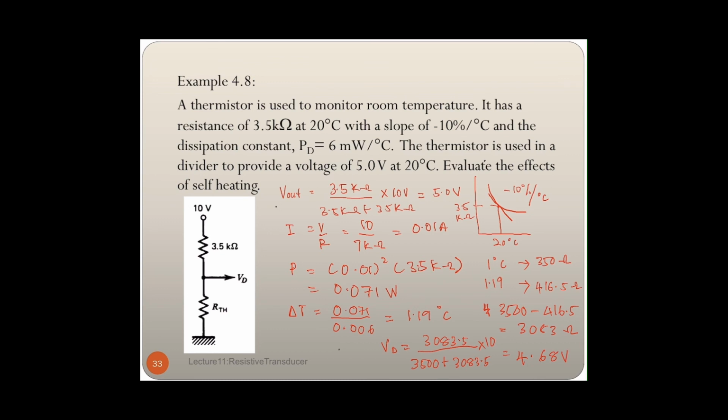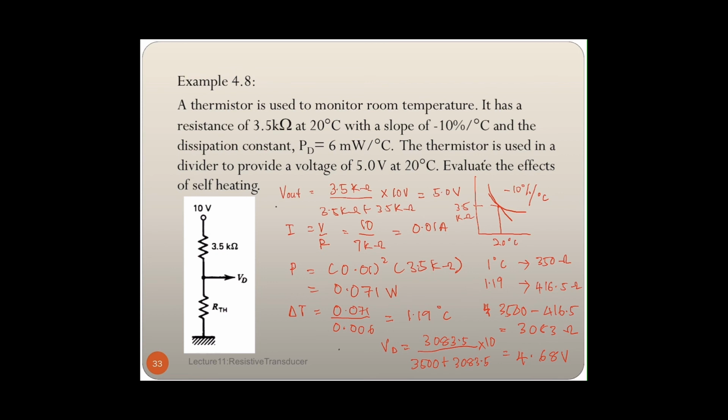Okay, theoretically, we consider at 20 degrees Celsius, without considering self-heating, it will give us 5 volt. But when we consider the self-heating, the real phenomenon that occurred in RTD, due to the power loss, the RTD has self-heated itself by 1.19 degrees Celsius, meaning it is measuring the temperature of 21.19 degrees Celsius.